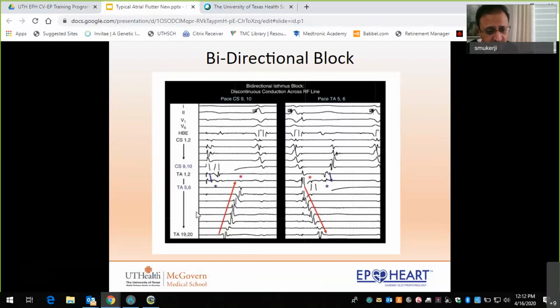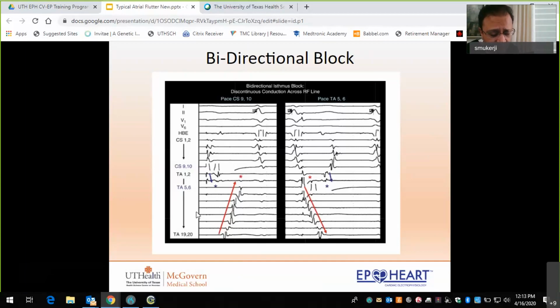So the magic number is 120. There have been enough studies to show that if you've achieved 120 milliseconds or more, that is block. So if it's 121, or 151, or 181, it doesn't really matter.